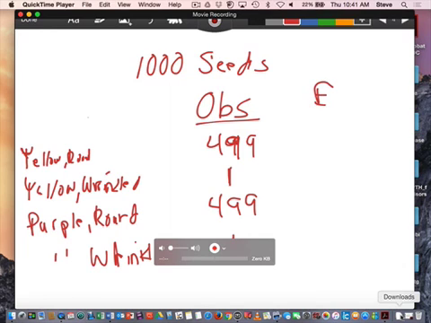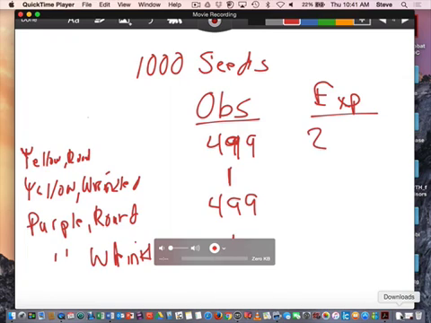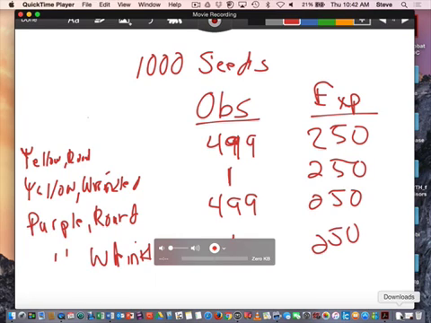What are the expected numbers of these, assuming 1/4 of each, right? The expectation will be 250 out of 1,000, right? 250, 250, and 250. So clearly something went wrong here.